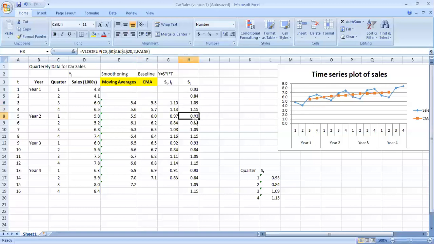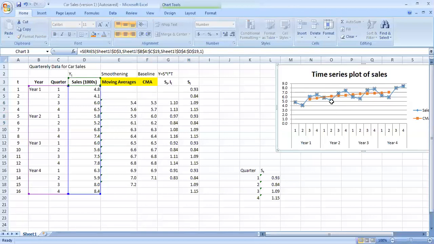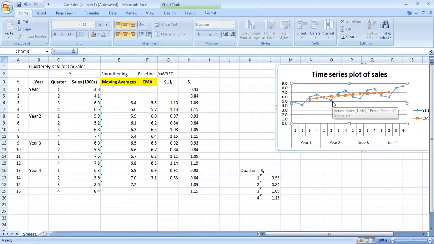If you look at a value like 0.93, which is below 1, that simply means, rather than looking at this, we'll look at year 2, quarter 2, here this value. At this point, the seasonality is 0.16. That means 16% below the baseline. So you should know how to interpret these values.